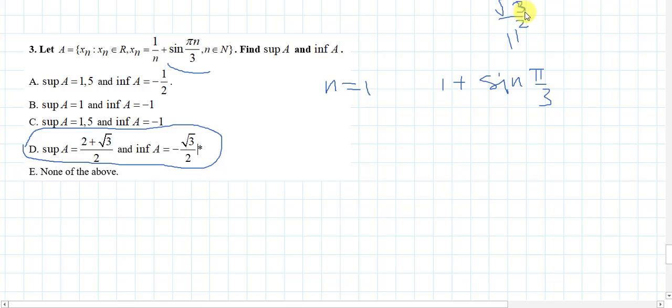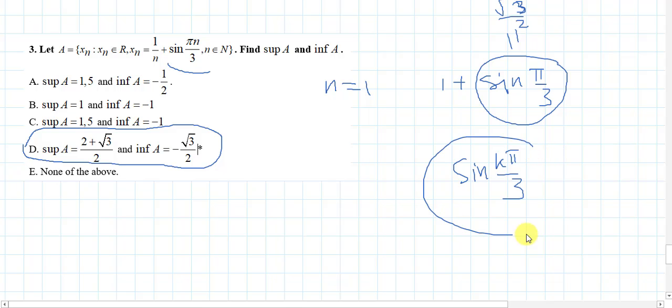This is the greatest value of sine k pi over 3, where k is an integer. The greatest value here is square root of 3 over 2, so we cannot get a number greater than this number.